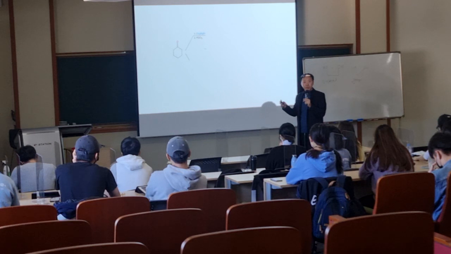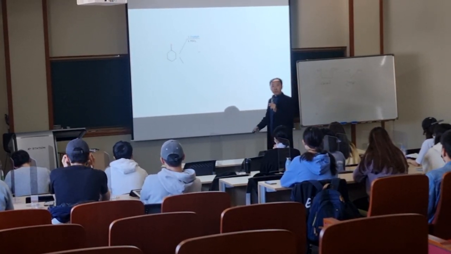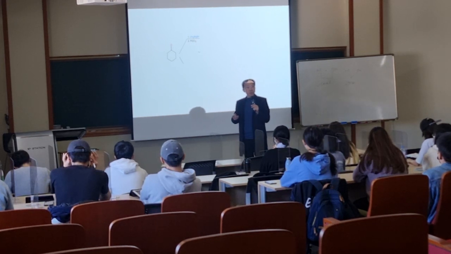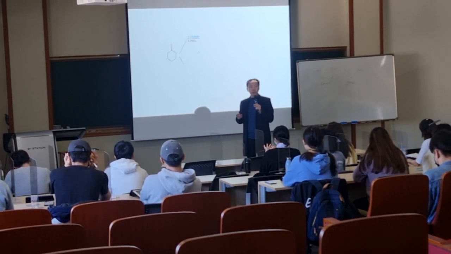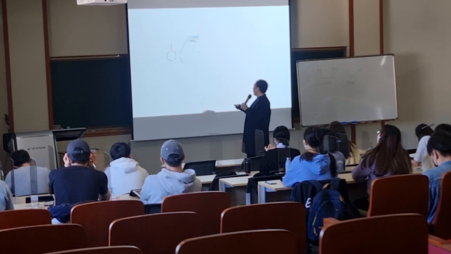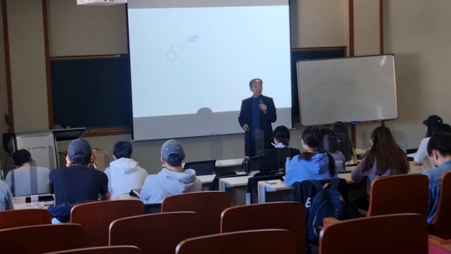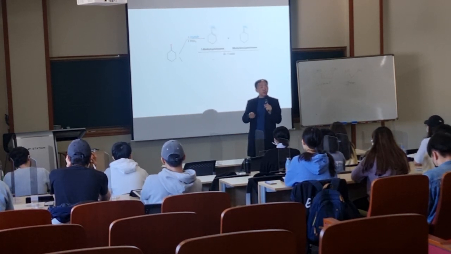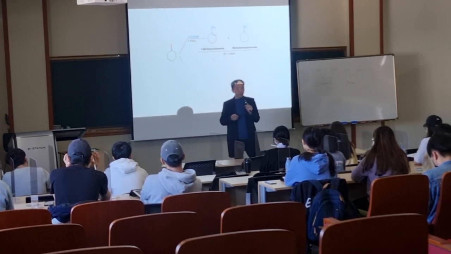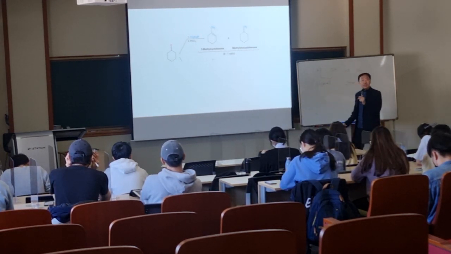That's a tertiary alcohol, right? And then if you push that to the next step of dehydration, what would be the major dehydrated product? You have two options. Double bond here, or double bond here with one of the methyl groups. Two options, right? Which is more stable? The more substituted one is more stable. That's why if you do this reaction, this is the major product and this is the minor product.